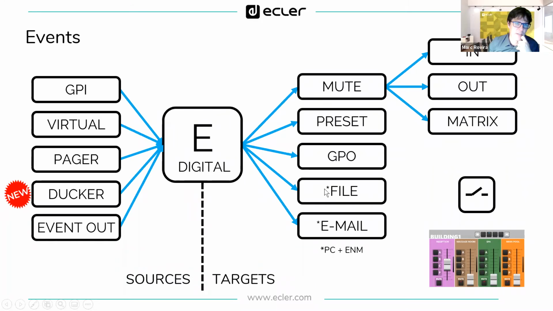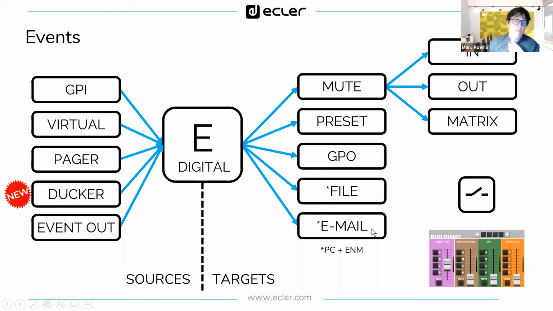You can create an event that when you push a button, you open a software in a PC, for example Windows Media Player, and you play a video. So you can use EclerNet Manager as a bridge between the button and launching a software in a PC.